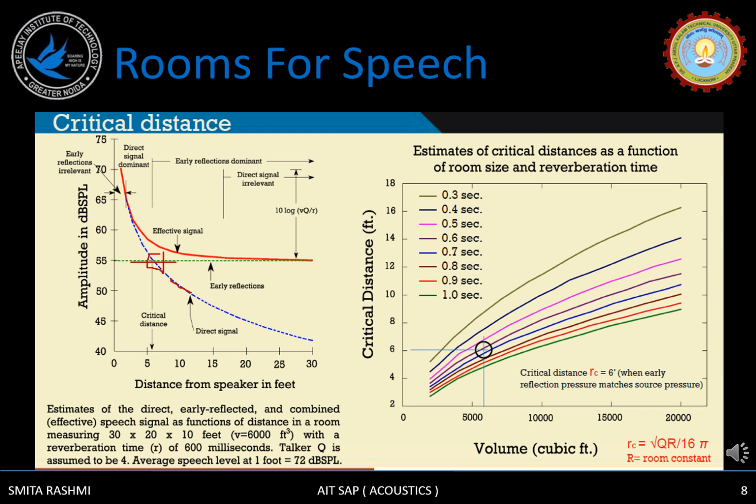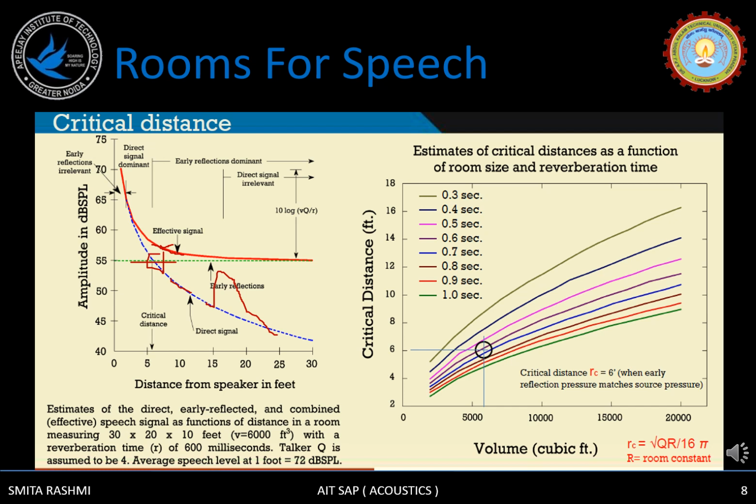After this critical distance, as you can see in the figure, the direct field decays significantly, and whatever signal we are receiving after the critical distance is from the reflected sound, the early reflected sound.